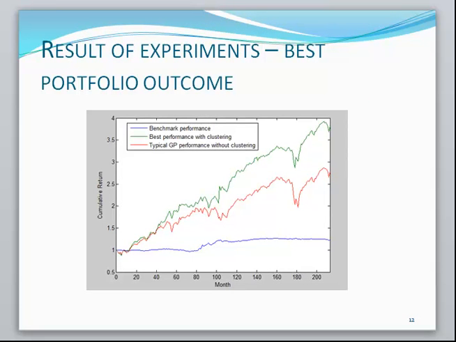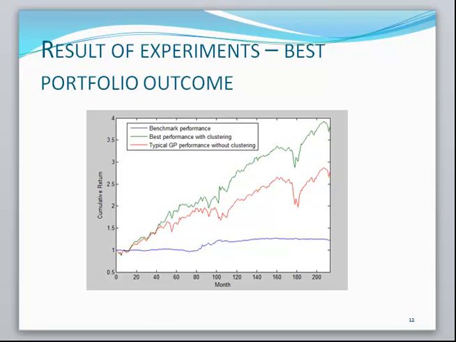This page shows the comparison of performance of different methods used in this study. The x-axis represents the time, while the y-axis represents the cumulative return of portfolios. The blue line is the benchmark performance. The red line is derived by the strategy generated by normal genetic programming without clustering.